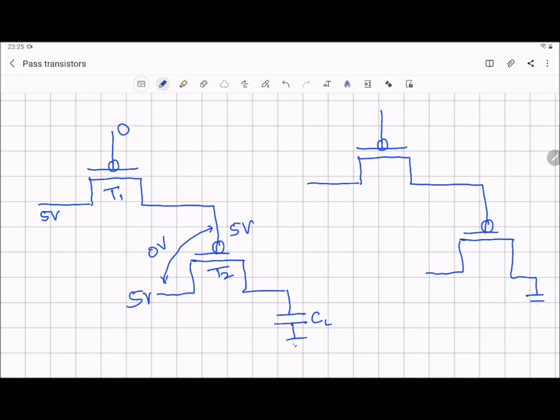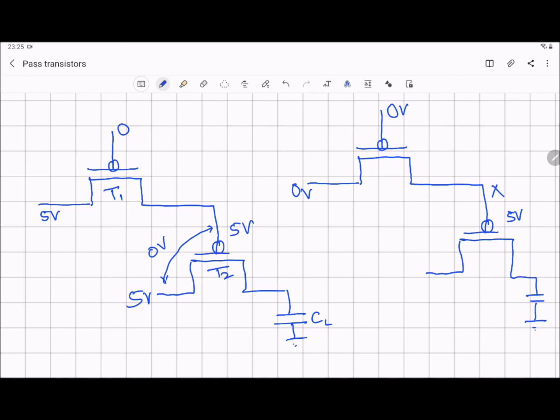Now let us see the second case. Okay, we are applying 0 volt over here, 0 volt over here. I am assuming that the terminal X or the node X is anyhow at the beginning charged to 5 volt.